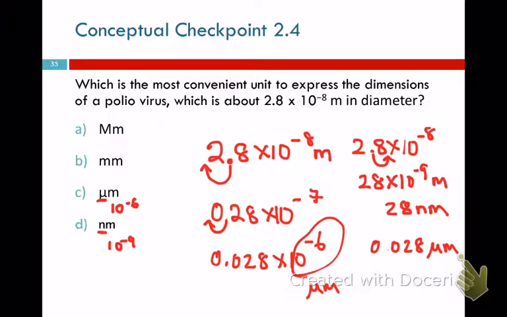This is a much nicer way to express this number than using all the scientific notation, but you have to be good with scientific notation and converting back and forth between the two.